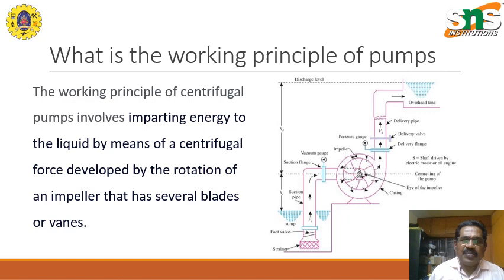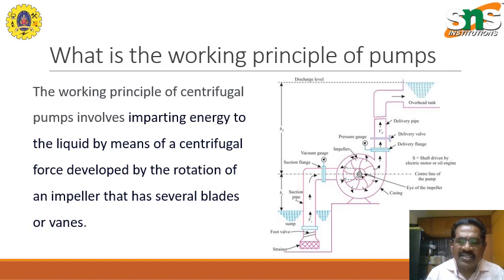Now, what is the working principle of pumps? Pumps are generally used to lift water from one level to a higher level, to an overhead tank. The water at the lower end, below the ground, is called the sump, and you have a foot valve so that the water does not go back, and residues collected here are filtered out. Once the water enters because of suction, this is rotating.